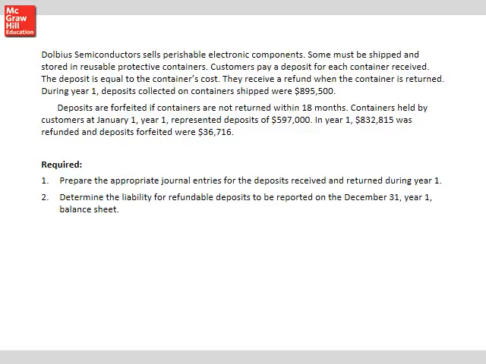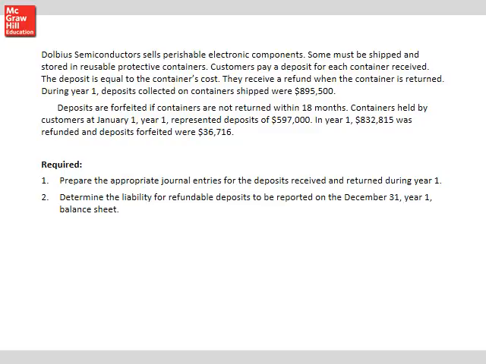They receive a refund when the container is returned. During year 1, deposits collected on containers shipped were $895,500. Deposits are forfeited if containers are not returned within 18 months. Containers held by customers at January 1st, year 1, represent deposits of $597,000. In year 1, $832,815 was refunded, and deposits forfeited were $36,716.